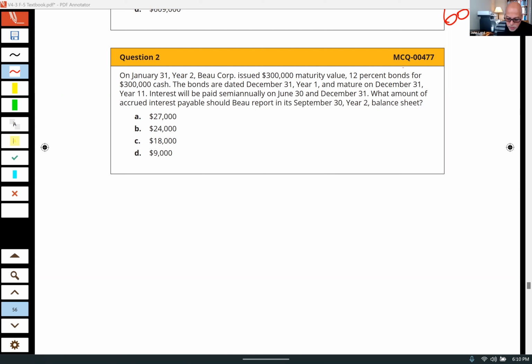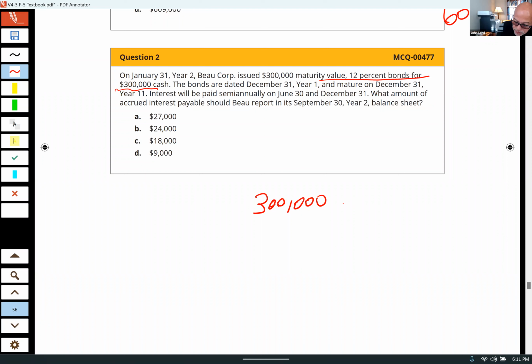We got this bond that is a $300,000 bond, and it's 12%. We issued it at face, so we don't have to worry about any premium or discount amortization, right?